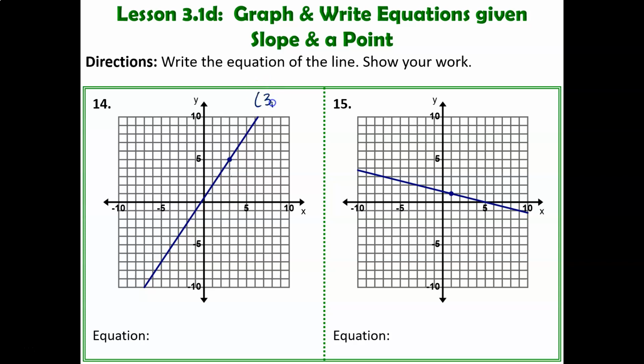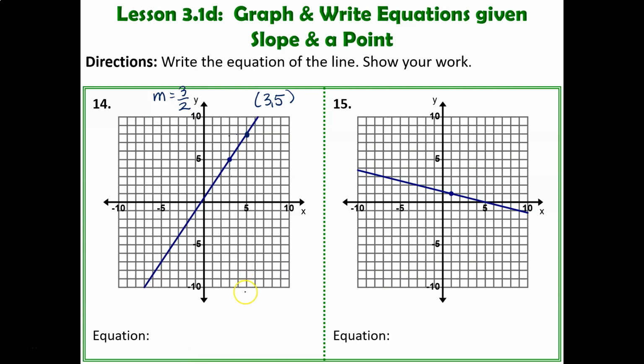So there's my point. Now let's find the slope. I have 1, 2, 3 over 1, 2. So you got to find those two pieces because look at our y-intercept. It's some fractional thing here. This is when using this formula comes into play. You're just guessing if you're looking at the line.